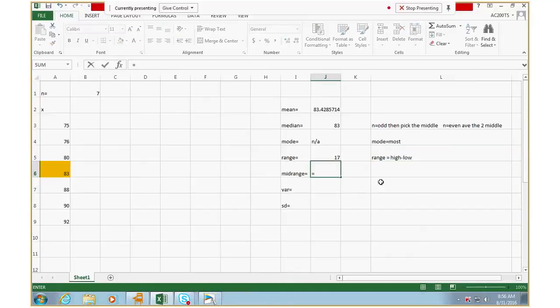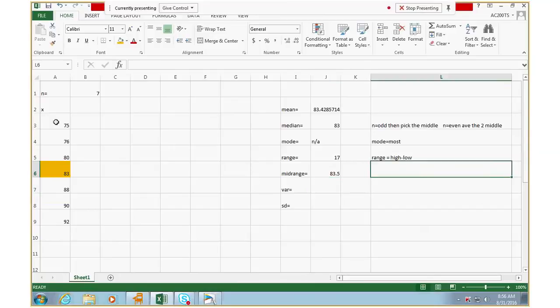Mid-range is equal to the highest plus the lowest divided by 2. The mid-range is pretty important. The mid-range is like the middle of the number line. And remember that when we get to the 5-number summary, so write that down.